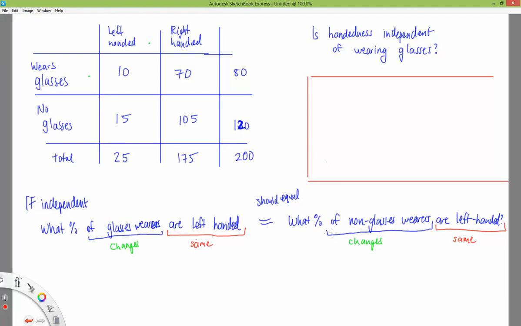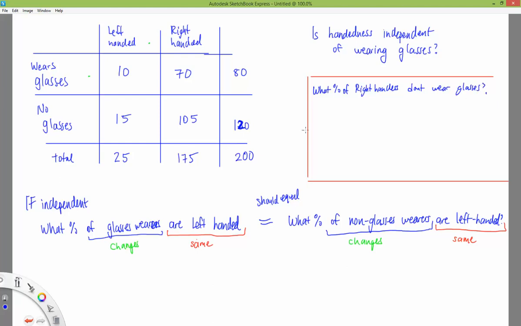So we could ask, what percentage of right-handers don't wear glasses? And if I ask this question, this should be equal to what?